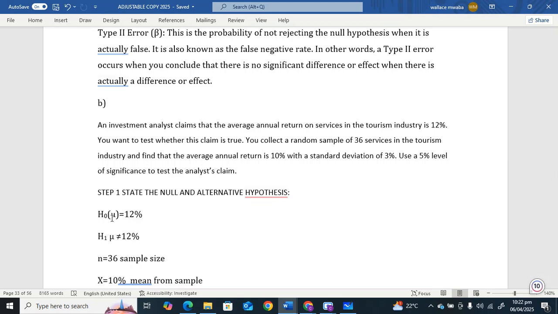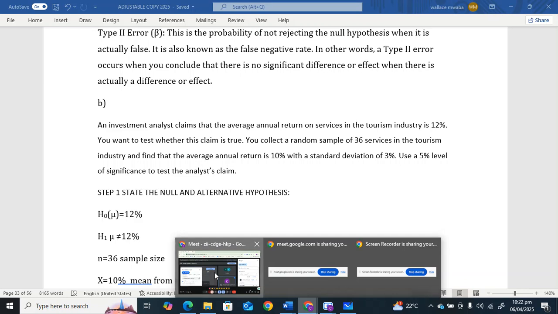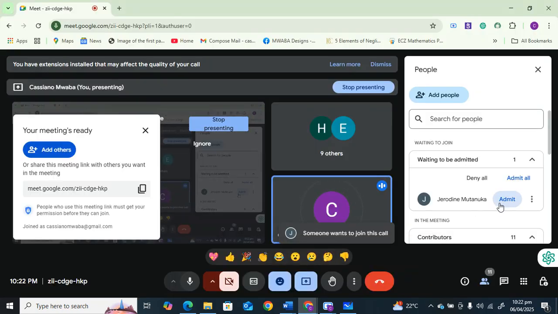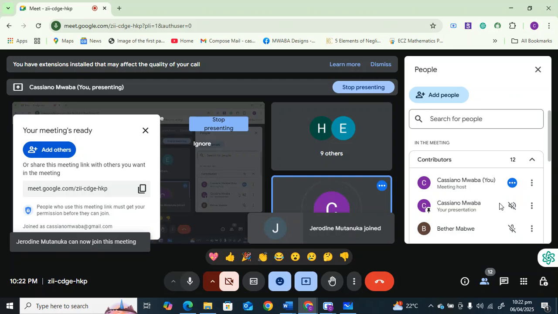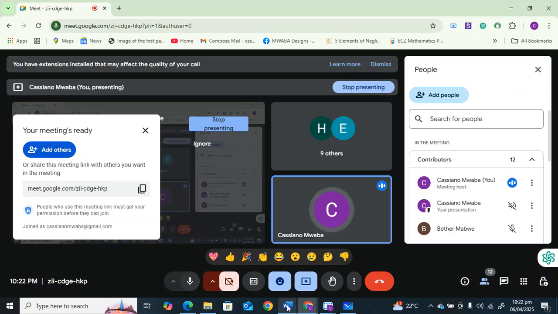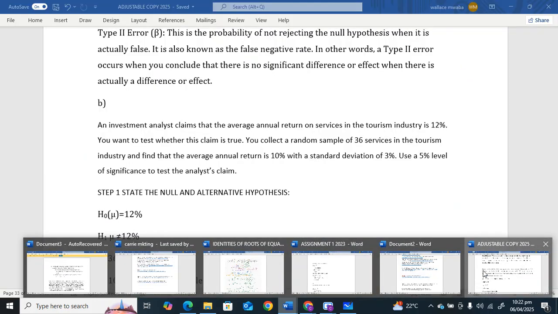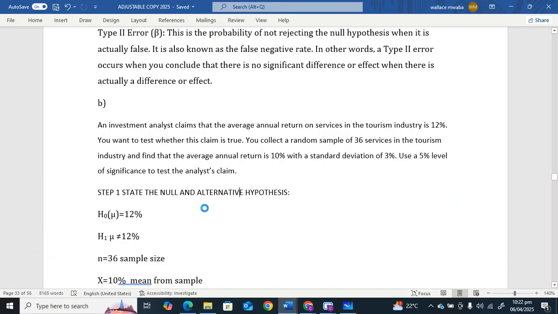Then the alternative hypothesis is challenging the null hypothesis. It says that no, I think the null hypothesis can be false. In this case, the general acceptance is that if you invest in the tourism sector, your average return is 12%. So here this is the null hypothesis.